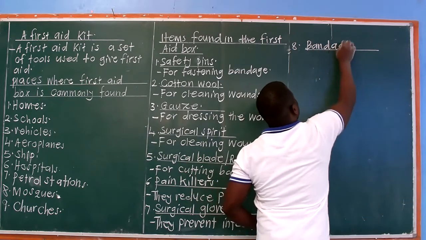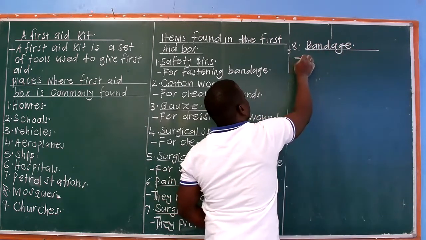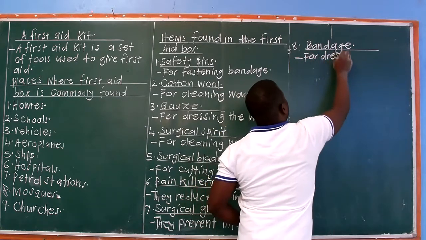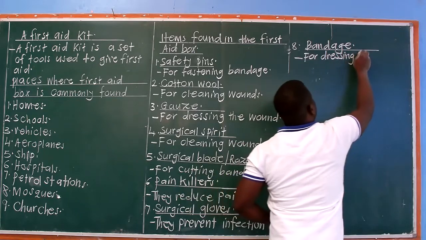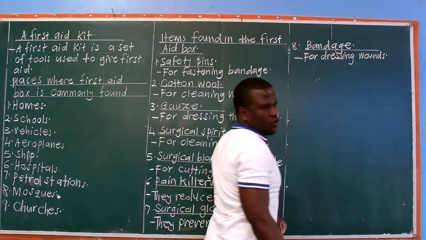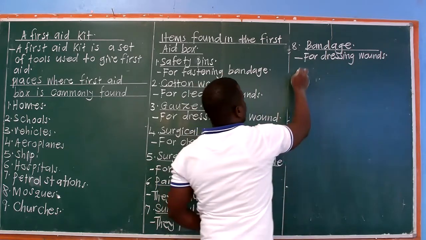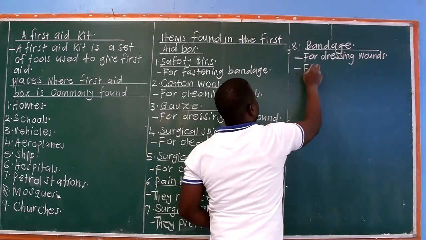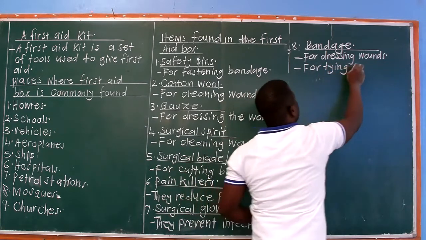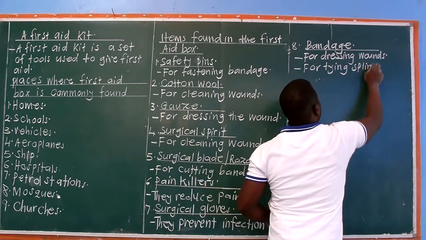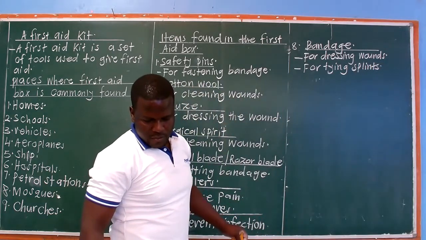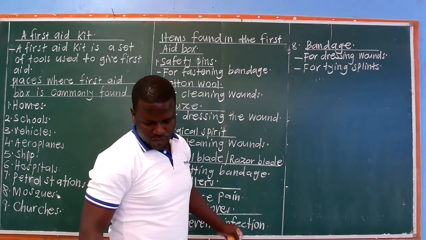One, for dressing wounds, just like the gauze. Then bandage can also be used for tying splints around the broken bone. In case the bone breaks, we can use a bandage to tie splints.